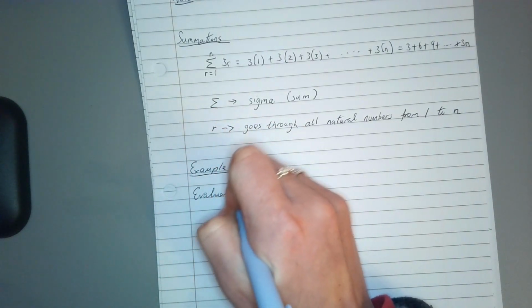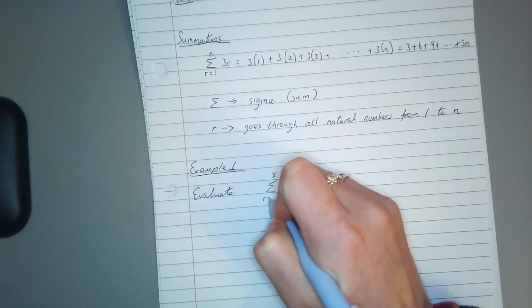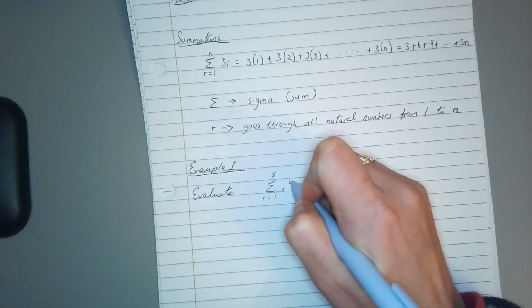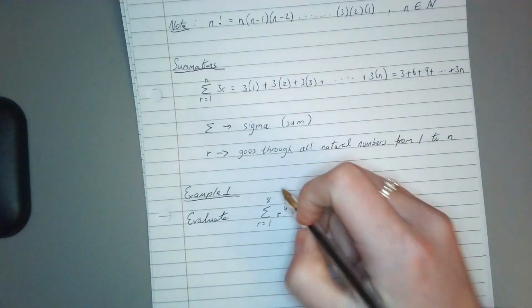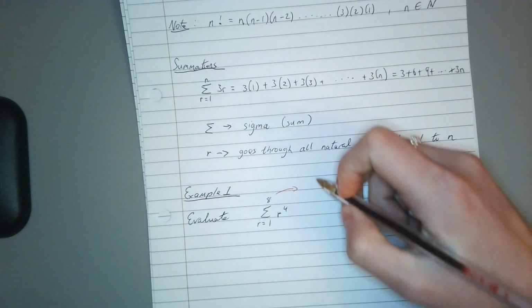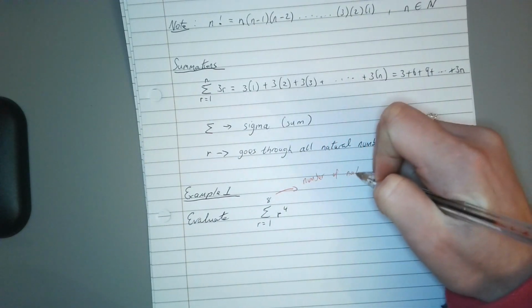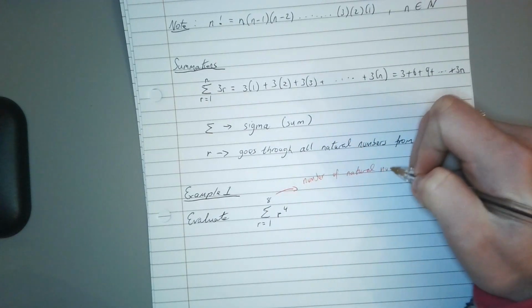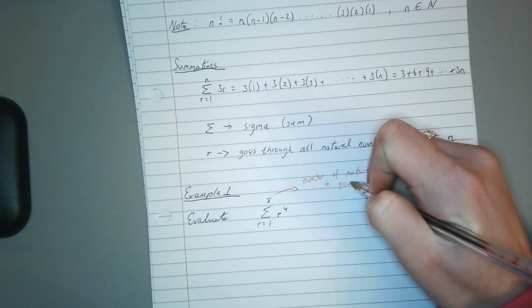Evaluate sigma 8, r is equal to 1, r to the power 4. Okay, so what that means is that your 8 is the number of natural numbers that you want to use in your question.